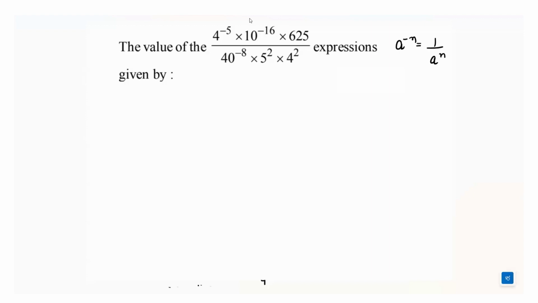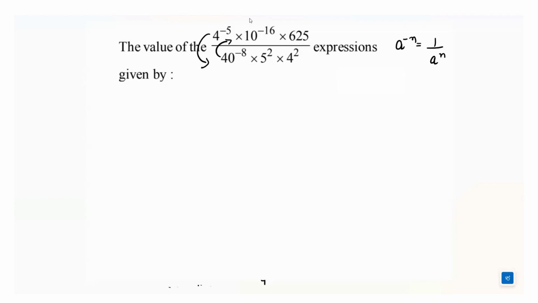That means whatever values are in the numerator with negative powers, if we change them into positive, we have to write them in the denominator. If any value in the denominator has a negative power, it will go to the numerator. That means it will come down, it will go up.